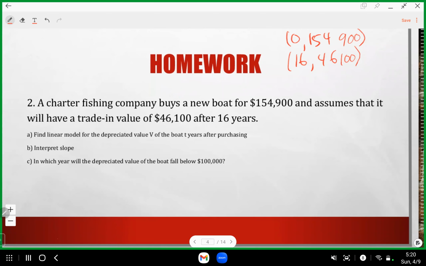All right, let's go over this one. First, of course, we need to find the slope. That's just you're going to subtract the y values. Let me pull up a calculator. It's going to be 108,800 over negative 16.